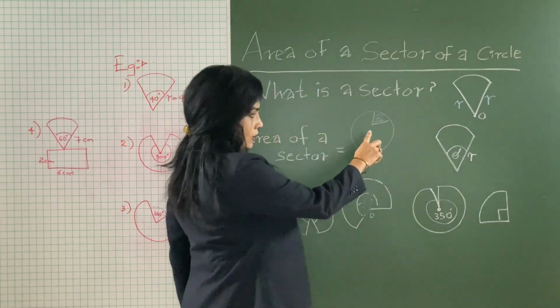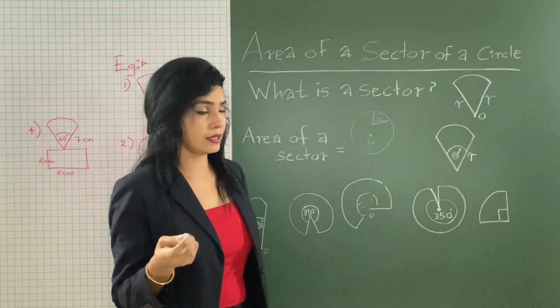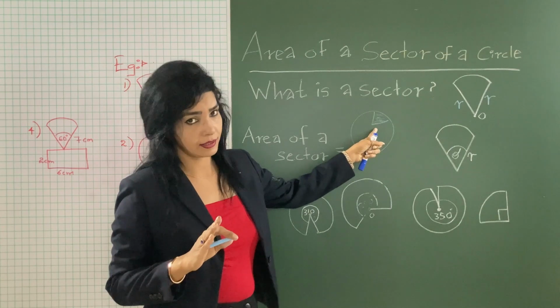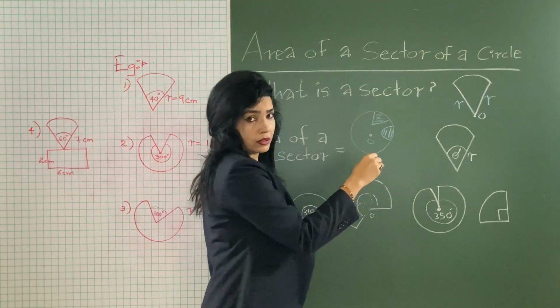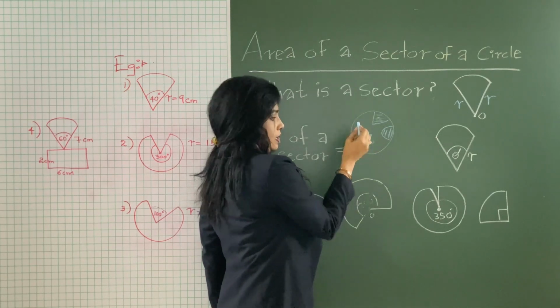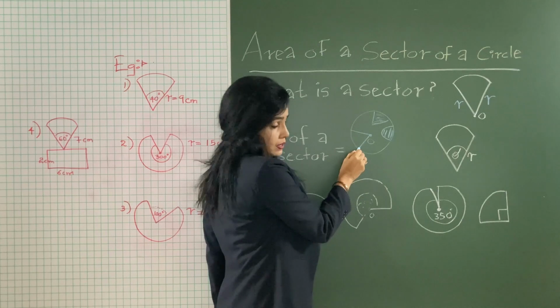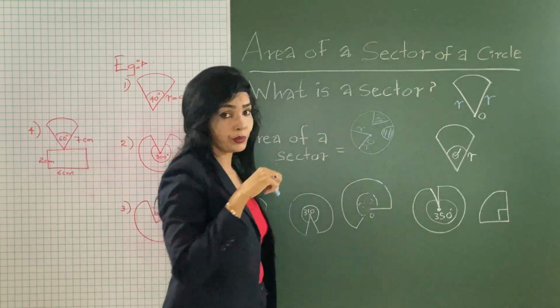Although some students say that a sector is a part of a circle, that definition is incorrect, because any part of a circle is not a sector. Even this is not a sector. It should go through the origin. That's why it should be surrounded by 2 radii.